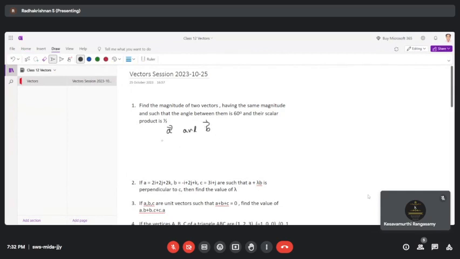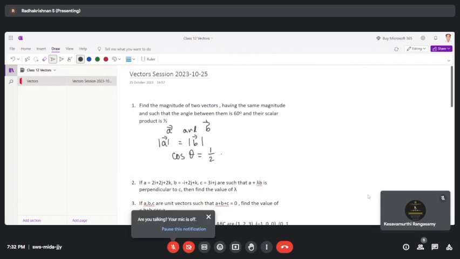Magnitude of A is equal to magnitude of B. They have equal magnitude. The angle between them is 60°. So cos theta is half. Cos 60° is half, right?